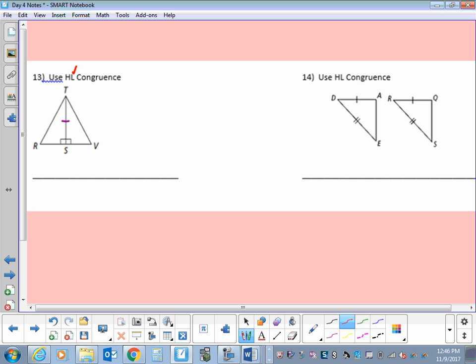I have two triangles, I have the leg, what do I need to prove hypotenuse leg? The hypotenuse. What is the hypotenuse of this first triangle? RT. What's the hypotenuse of the second triangle? TV. So we have RT is congruent to VT. That proves hypotenuse leg. You have to list the hypotenuse.